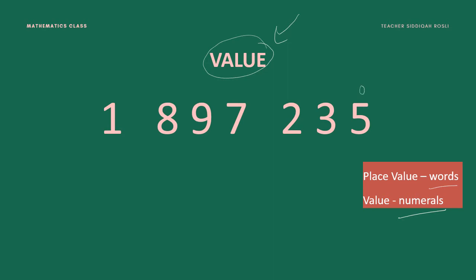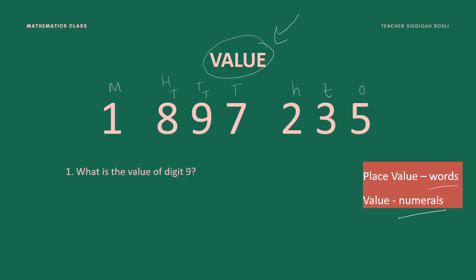So O stands for ones, small letter T, tens, H stands for 100, the big T, the big TT, 10,000, the big HT, 100,000, and the big M for millions. Now let's move on to the questions.